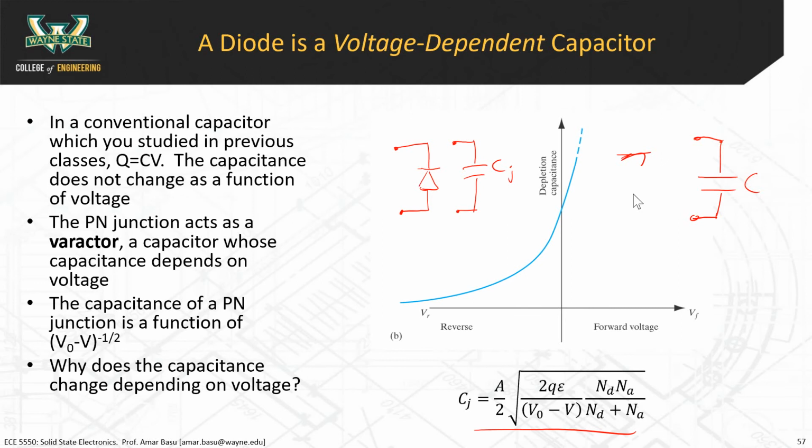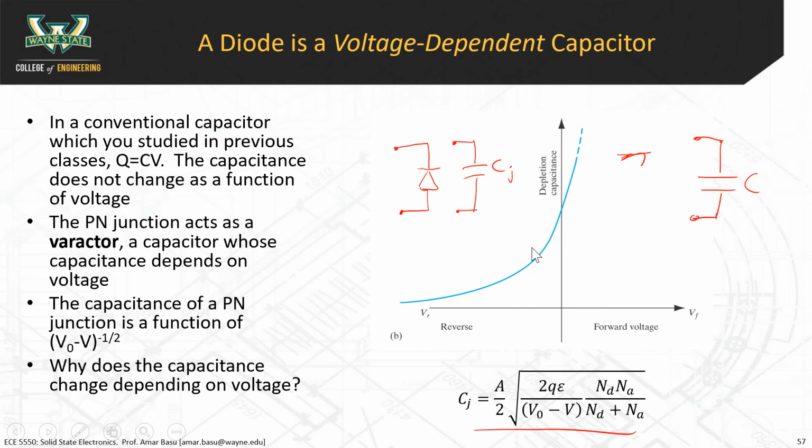what happens to the width? Decreases. The width decreases. The depletion region actually gets smaller when you apply a forward voltage to it. Okay? With regards to capacitance, capacitance is equal to epsilon A over the width. So what's going to happen to the capacitance as you increase the voltage? Capacitance is going to increase. The capacitance will increase, exactly. And that's what we're seeing here.